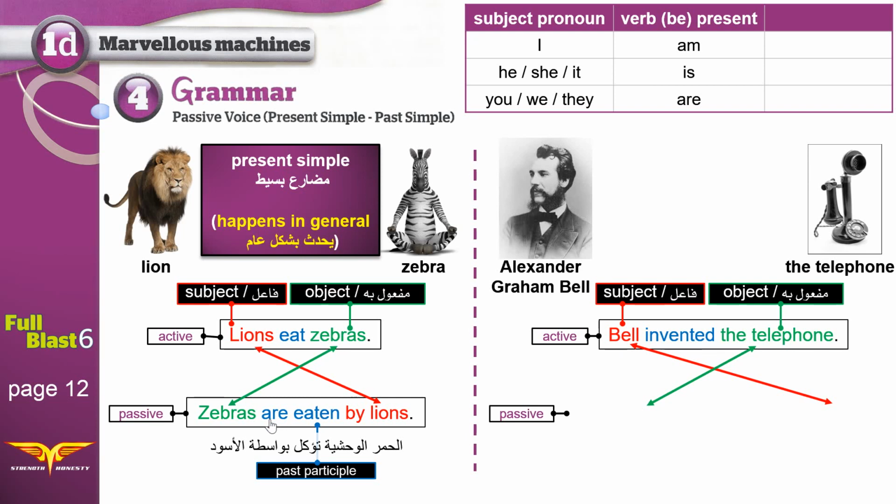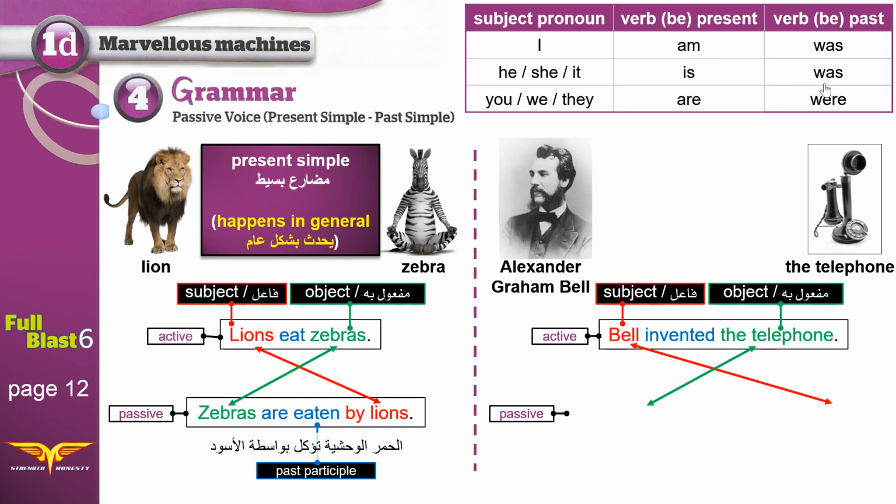How about the verb be? The verb be we used here is are. Are is the present form of the verb be. But this sentence right here happened in the past, not present. Past. So we will use the verb be in the past this time. Was is the past of am.